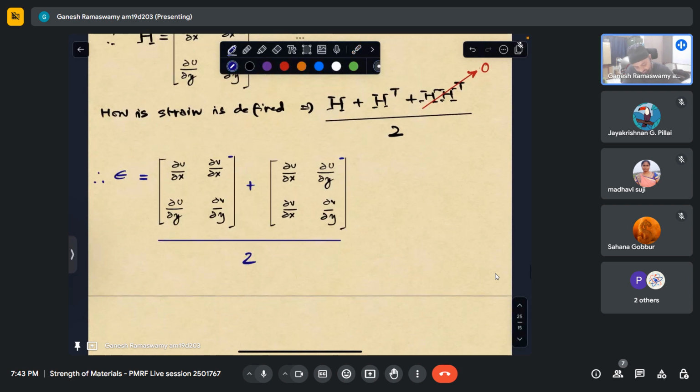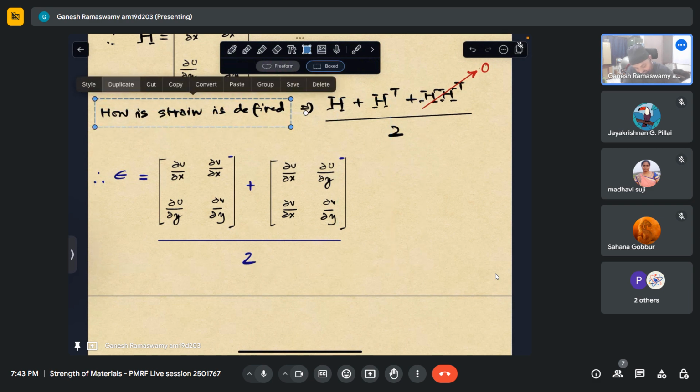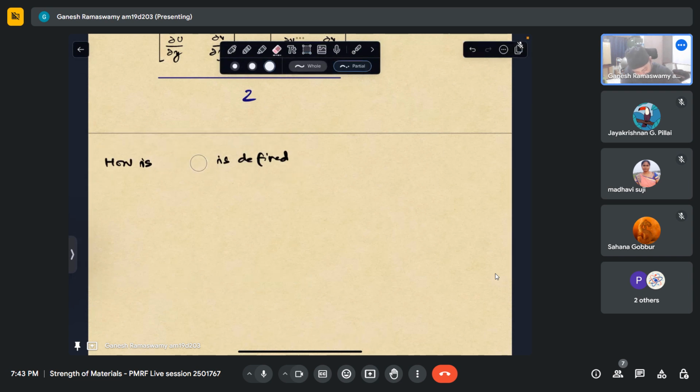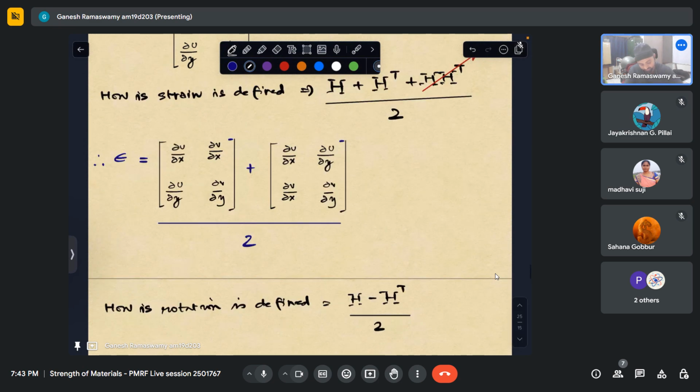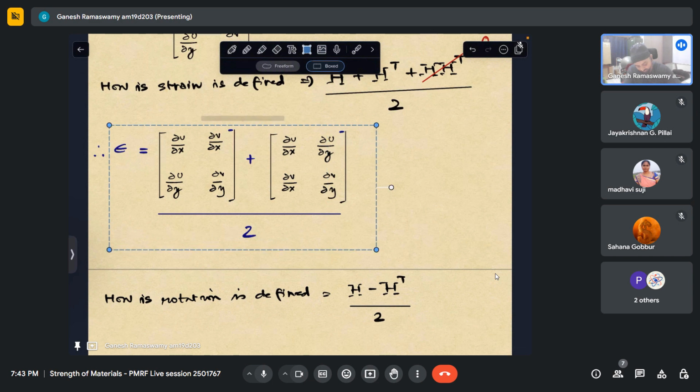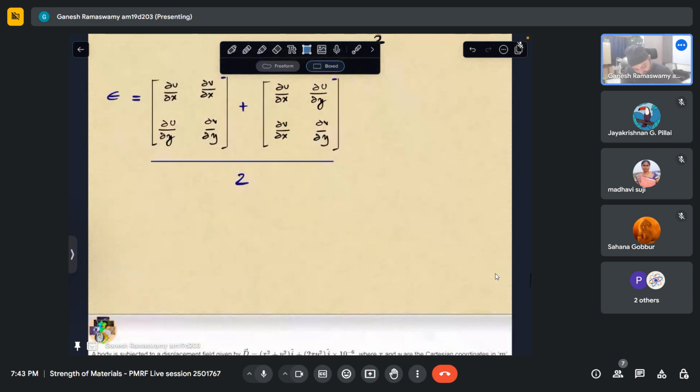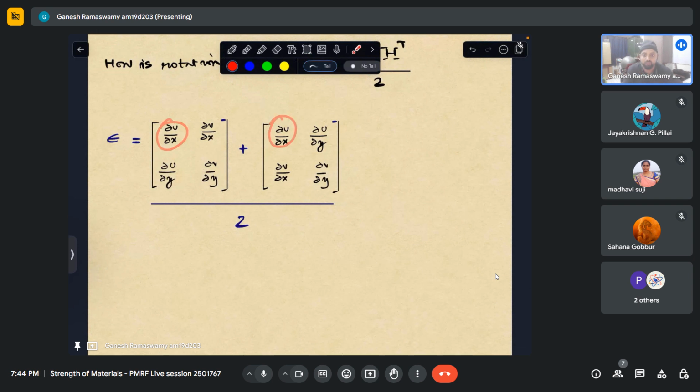Now if we see how rotation is defined, it is H minus H transpose by 2. So that is all there is. So let us solve for what the strain quantities are and what the rotation quantities are. The diagonal terms, 2 dou u by dou x divided by 2, will just be dou u by dou x.